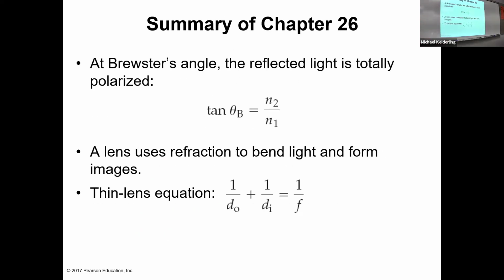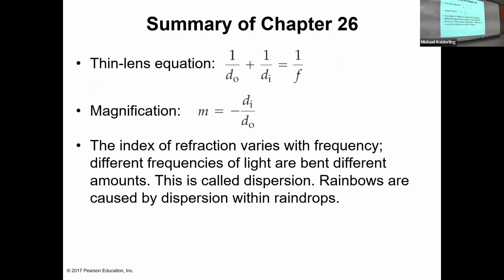And the thin lens equation is 1 over DO plus 1 over DI equals 1 over the focal length. And the magnification is minus DI over DO. You'll notice these are basically the same as the mirror equations. The only difference is that positive images are on the near side of a mirror.